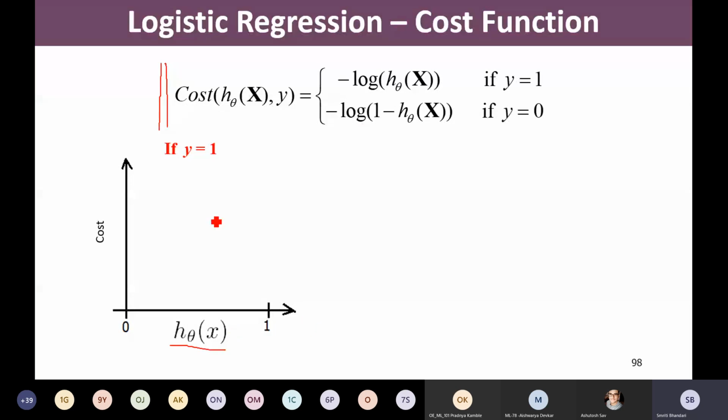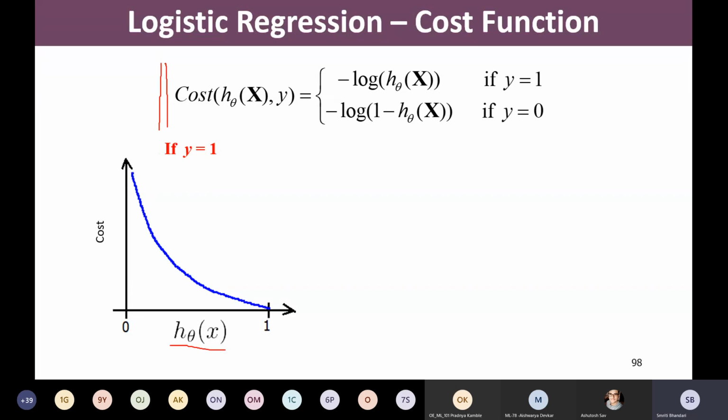Okay. Now, if y is equal to 1, our cost function is minus log of h theta x. And if we try to plot this cost function, minus log of h theta x, this function will look something like as shown here on this slide. So see how this function looks.